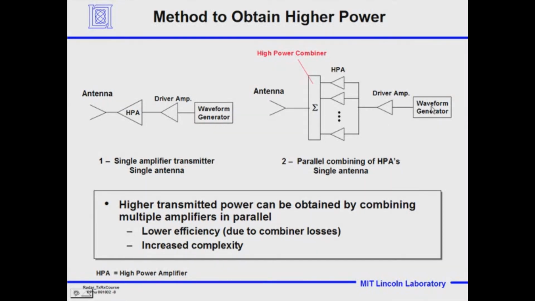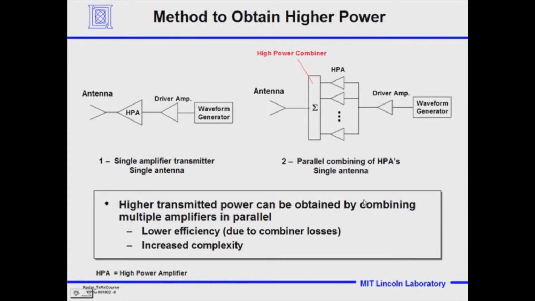Or we could take a waveform generator, a driver amplifier, and then send that signal, divide it up into a series of high power amplifiers, and then combine the output of these with a summing mechanism, an addition mechanism, and send the signal out the antenna.